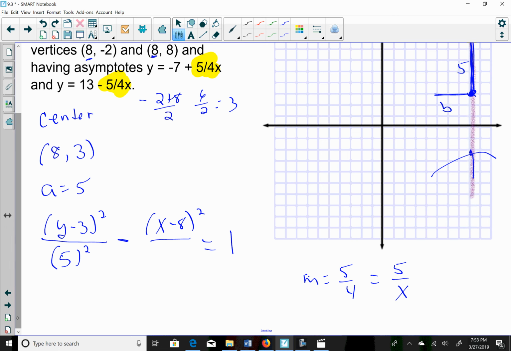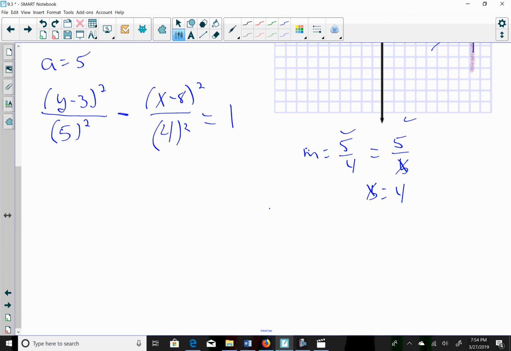Well, this one's fairly easy because the 5's match, which means that number has to equal 4. If it wasn't that simple, you would just cross multiply and solve. So that means my b would be 4, so b squared is 16. So then my final answer for this is going to be y minus 3 squared over 25 minus x minus 8 squared over 16 is equal to 1.